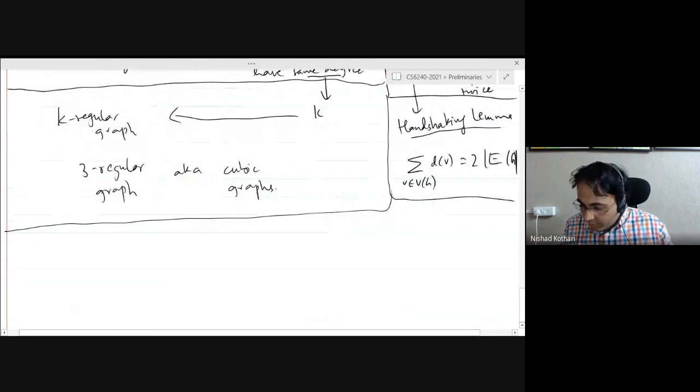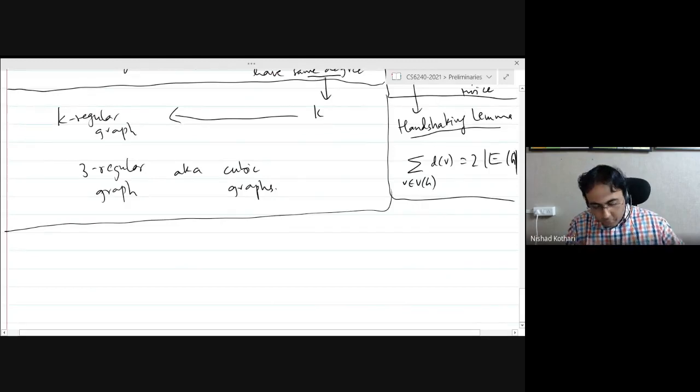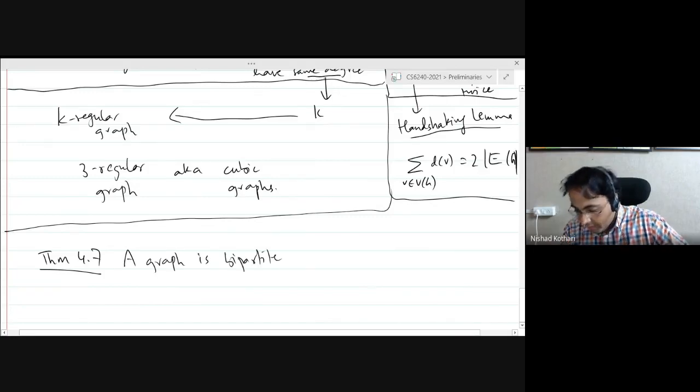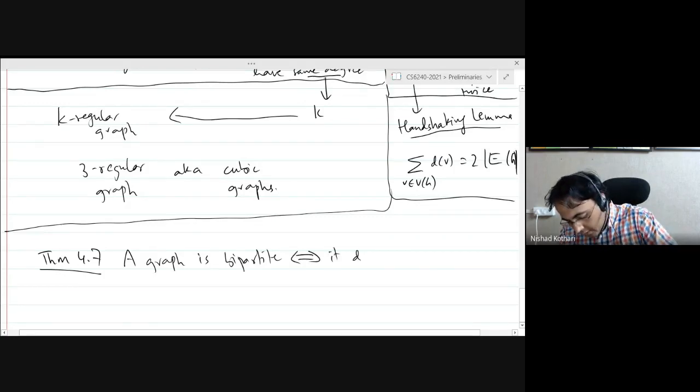All right. So we have gone through several definitions. Tomorrow we will be proving a statement for sure. I will already write it down so that you can start thinking about it. Theorem 4.7 in Bondy-Murty. I will generally use the numbers from Bondy-Murty so that you know where to look things up. We will prove tomorrow: a graph is bipartite if and only if it does not contain an odd cycle as a subgraph.